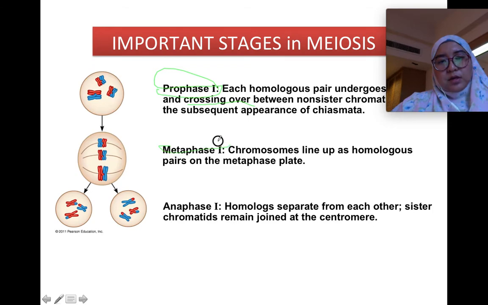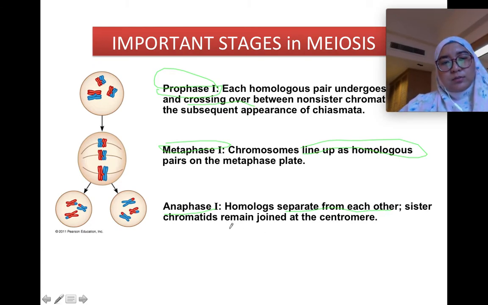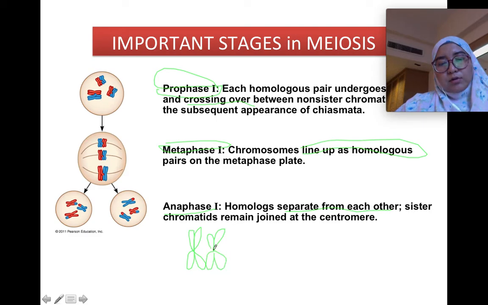Metaphase 1, we have chromosomes that line up as homologous chromosomes. Okay, and anaphase 1, homologous chromosomes separate from each other. Sister chromatids remain joined at the centromere. So, a structure like this, with different sets from one pair, we call homologous chromosomes. Another name we can call it is tetrad. Like this.